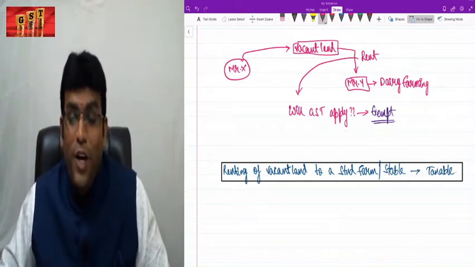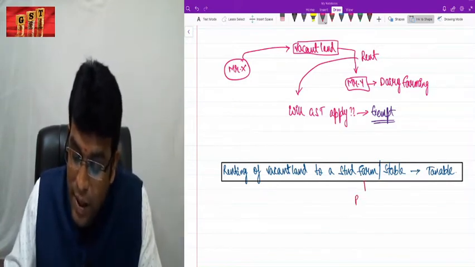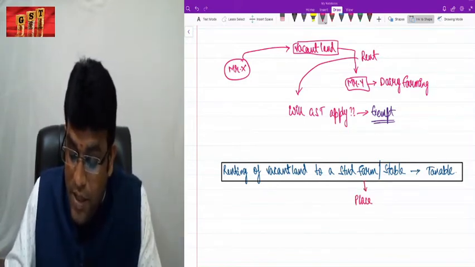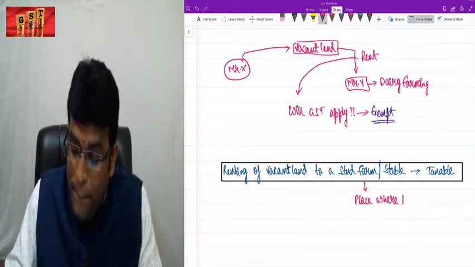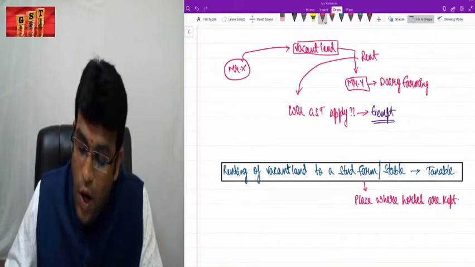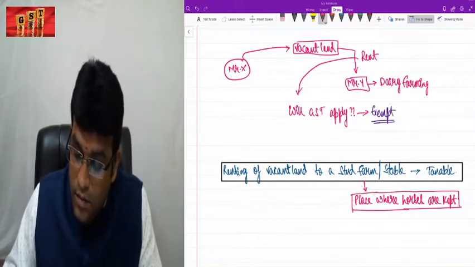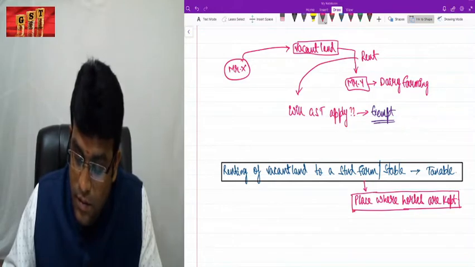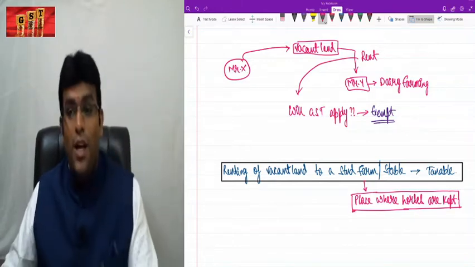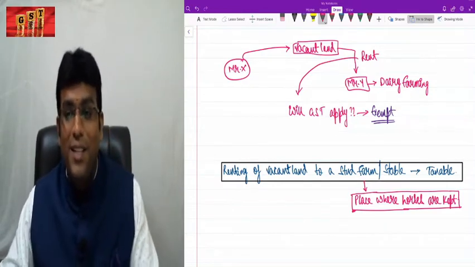So if we give a rent of vacant land to a stud farm or stable, it's definitely taxable. A place where horses are kept is called a stud farm or stable.